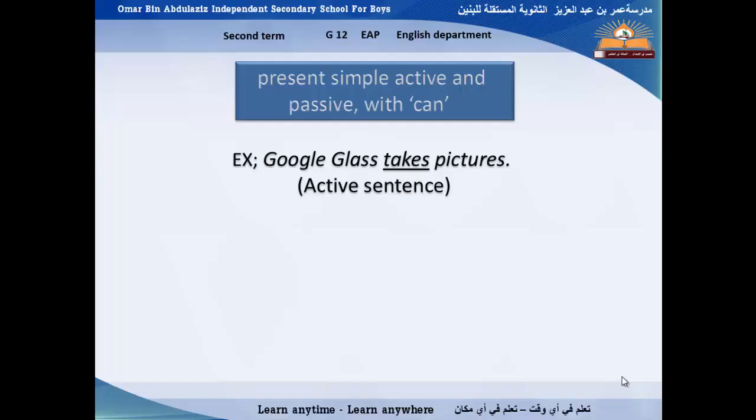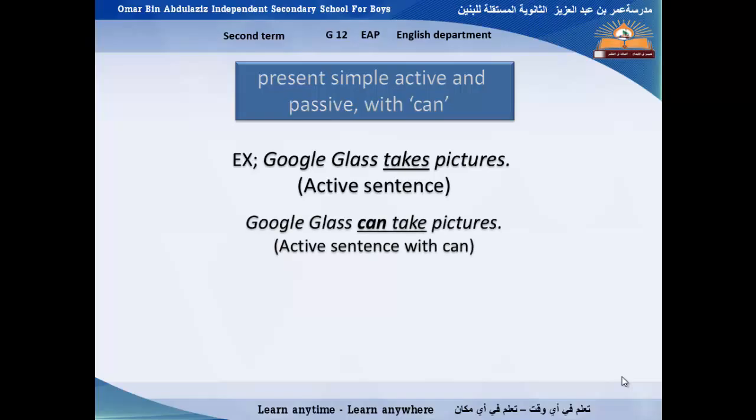What shall we say if we use the word can? We say Google Glass can take pictures. Now we have a very important thing for using the word can in the present simple.